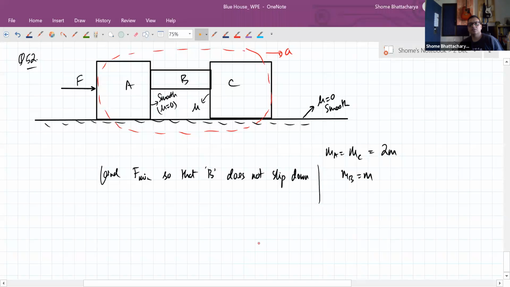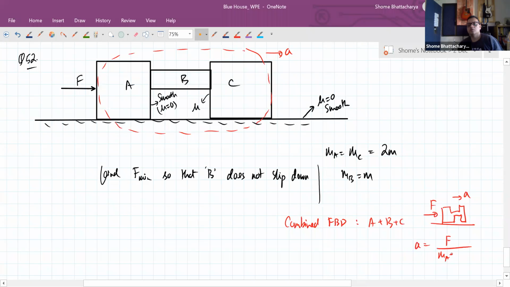So if it has a common acceleration of a, for the combined free body diagram of A plus B plus C, you can see that this whole object has only one horizontal force. So a will become F upon total mass. So that will become F upon 5m.